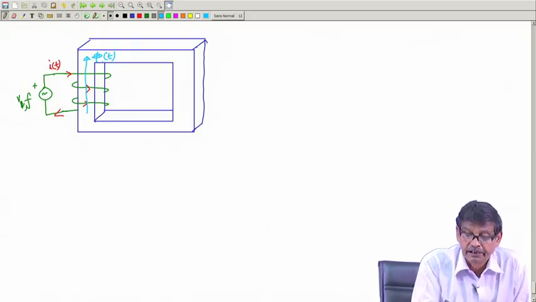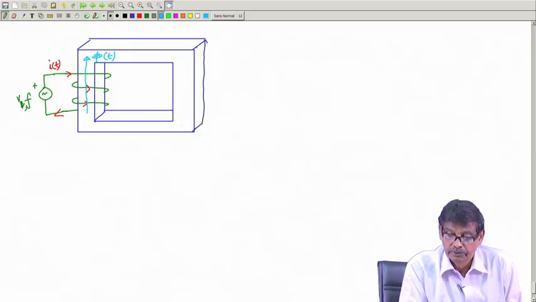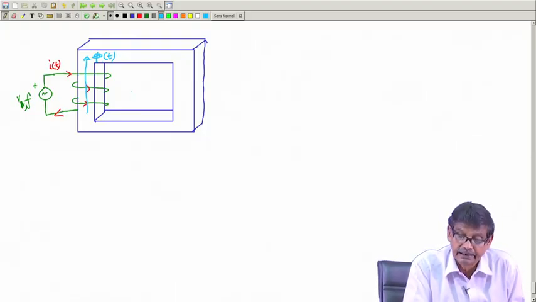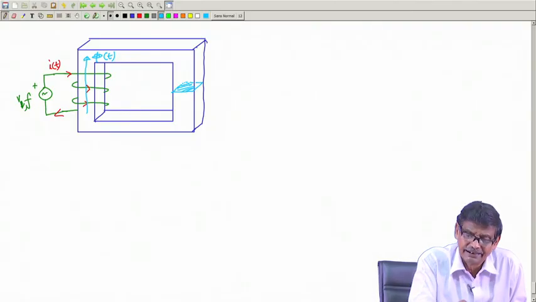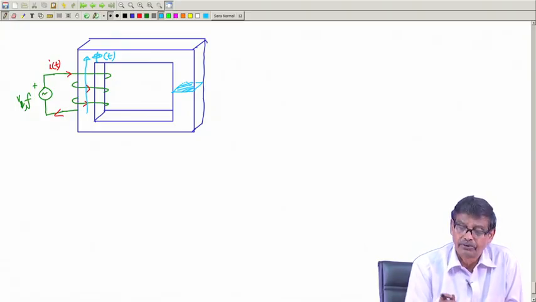The cross sectional area of the core is a rectangle, that is these areas. This is the area, and let us assume this area is constant throughout the core.